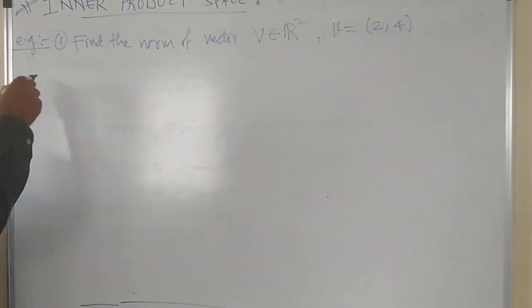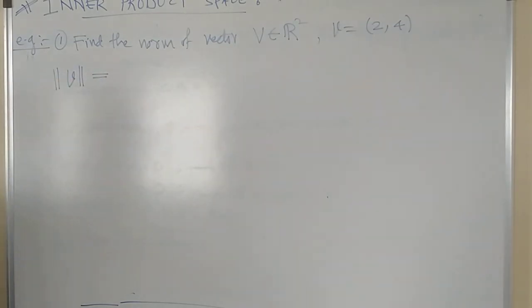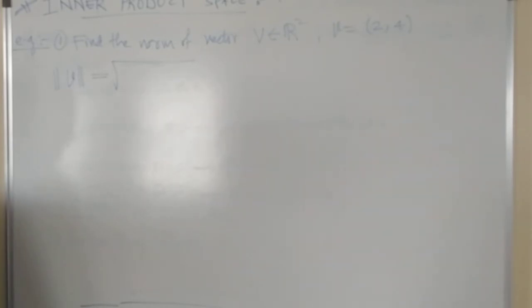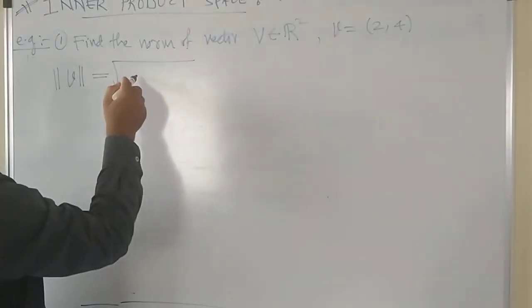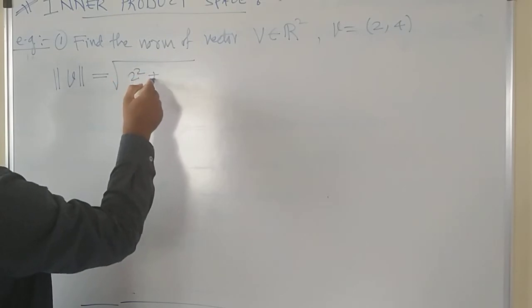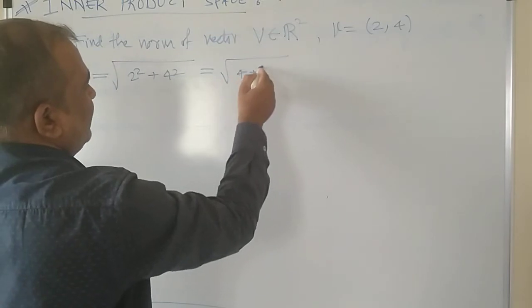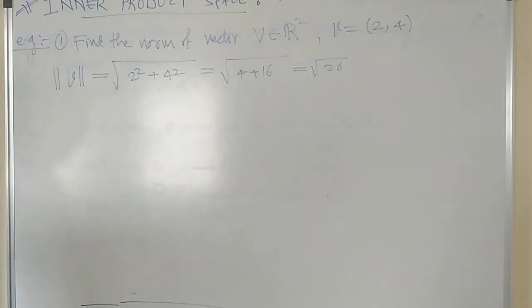By the definition of the norm, this is the way to denote the norm of the given vector, and it equals the square root of the sum of the squares of the components of the vector. The components are 2 and 4, so 2 square plus 4 square. 2 square is 4, 4 square is 16, so the norm squared is 20, isn't it?